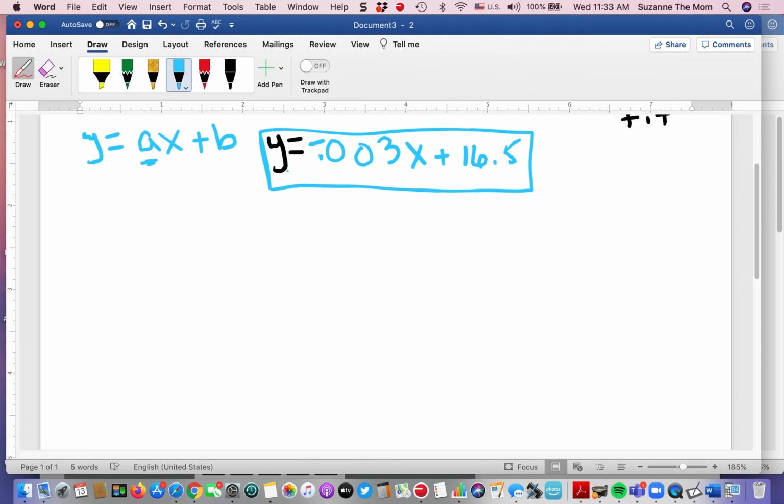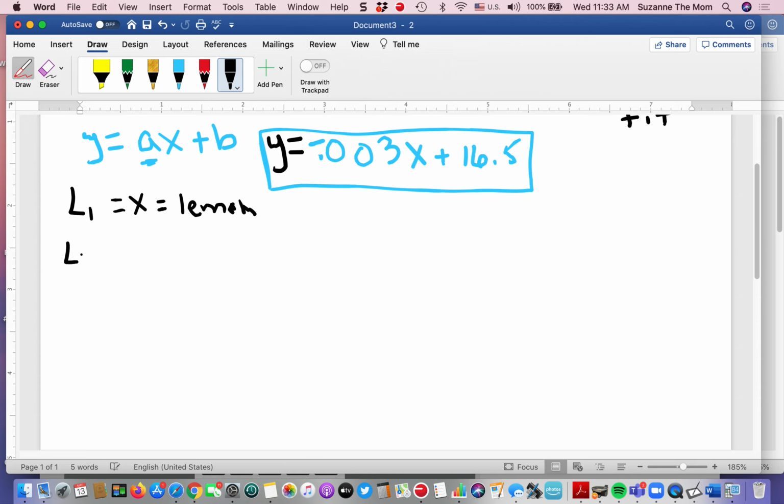I want us to look at it on the calculator as well. So remember in this problem, in L1 is our X values, which is our lemon imports.